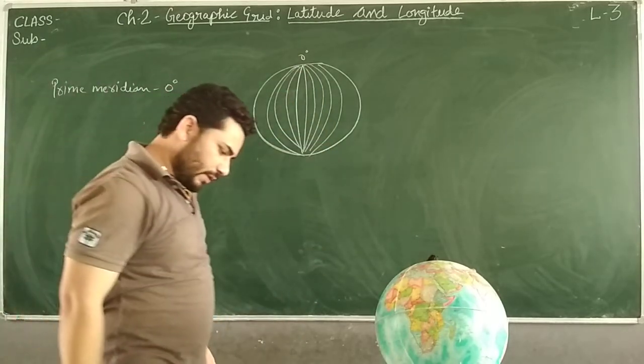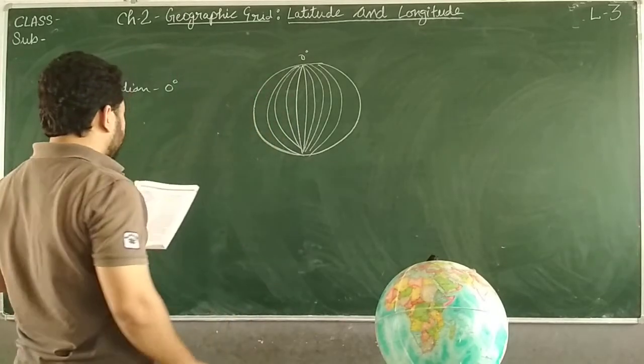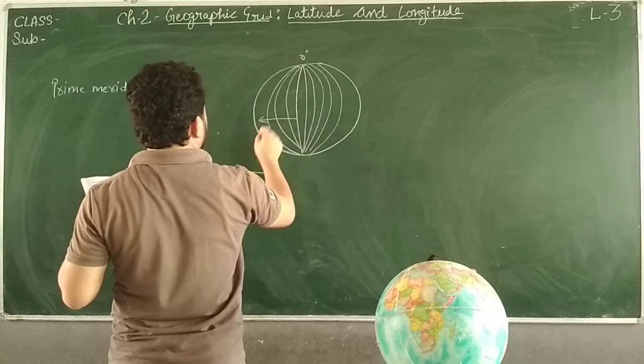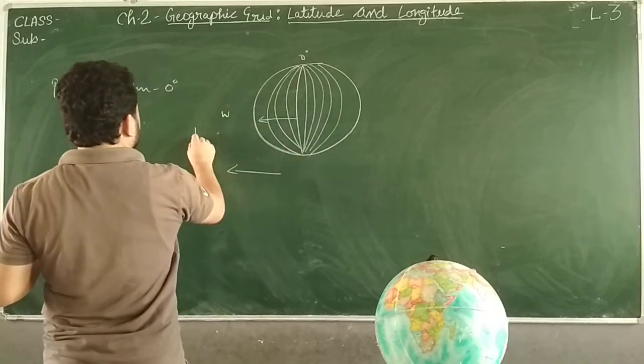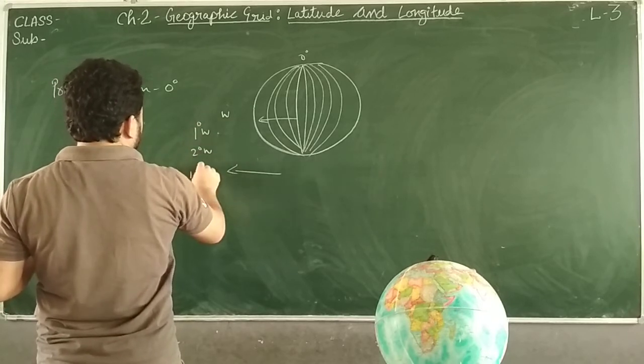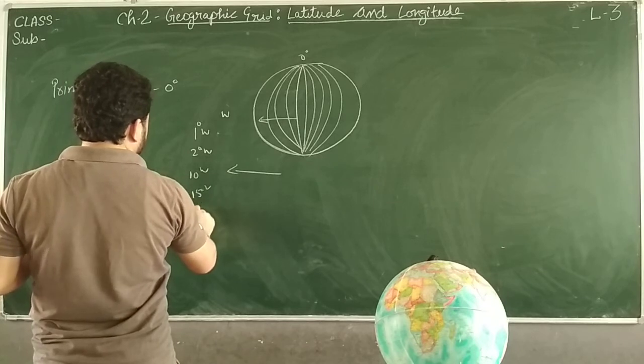The lines to the west of Greenwich are suffixed with W. It is 1 degree west, 2 degree west, 10 degree west, 15 degree west, or 60 degree west, anything.